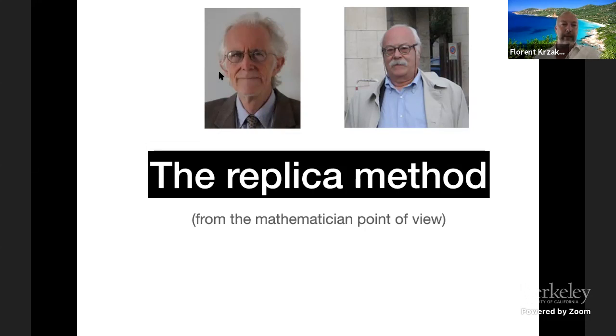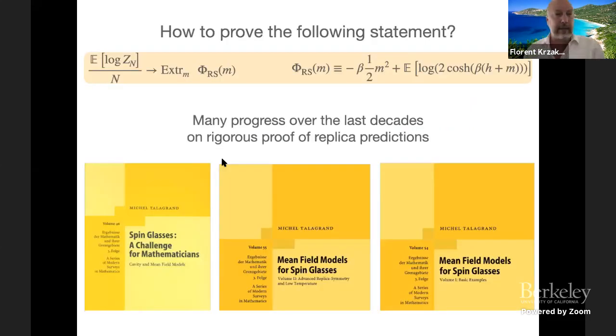This is Francesco Guerra, and this is Michel Talagrand. In fact, Michel Talagrand has written many interesting books and made fantastic progress on obtaining rigorous results for the replica method. Interestingly, no one was able to prove that the method itself is valid, that it's okay to go from n integer to n continuous and everything.